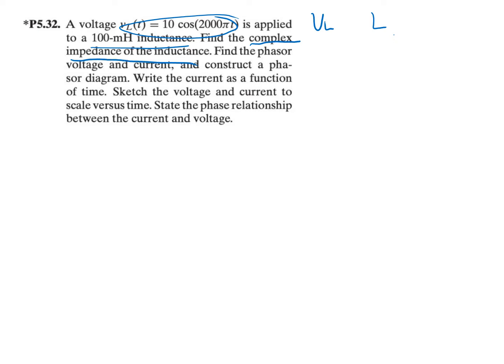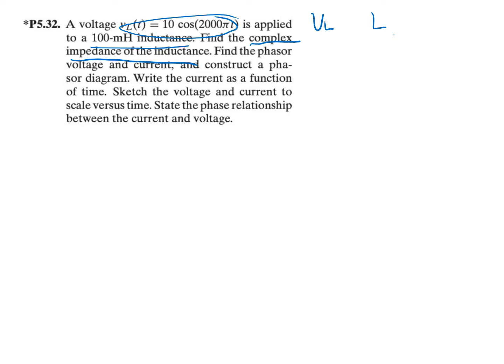Other than that, we also need to find its voltage and current in the phasor domain, and draw a phasor diagram. And we also need to write them down in the time domain, draw the voltage and the current with respect to time, and state their relationship.